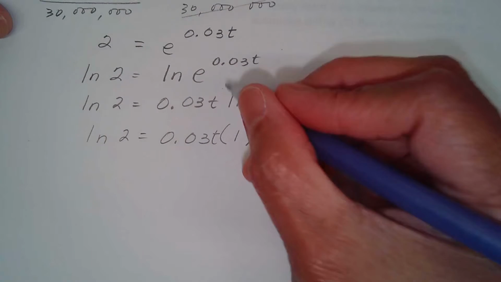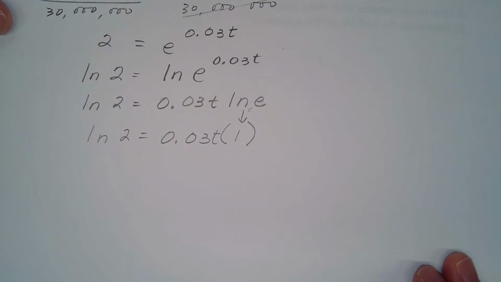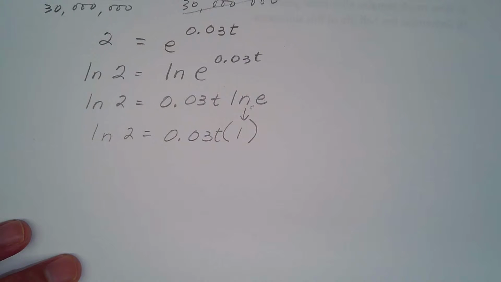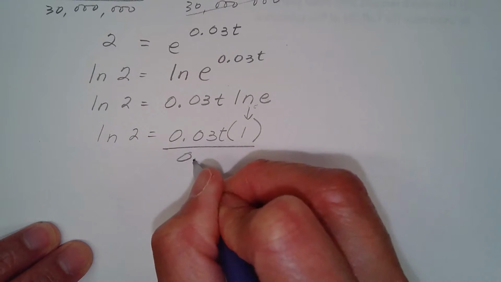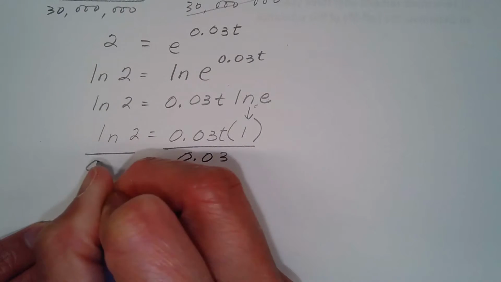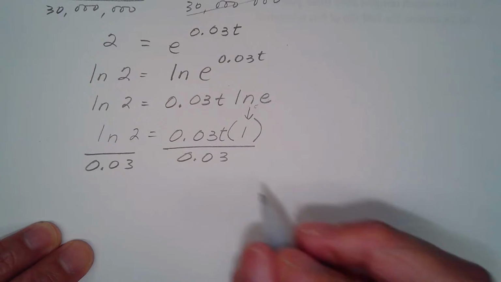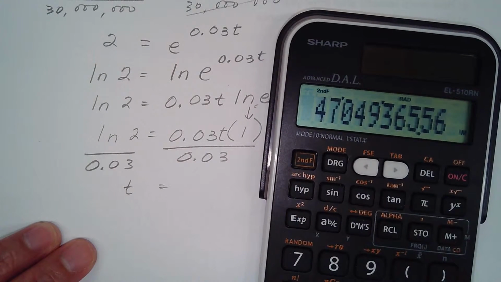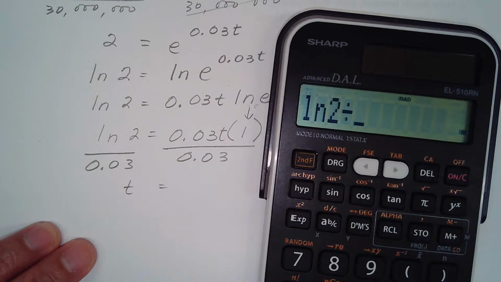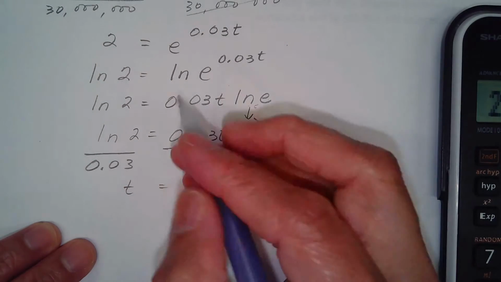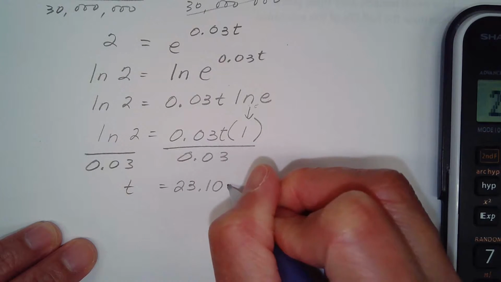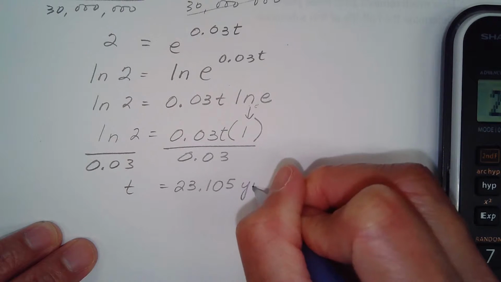Okay? So just for the sake of the people who are not present today, so they know what happened. Now, how do you solve for t? Divided by 0.03. So that becomes t is equal to 23.105 years.